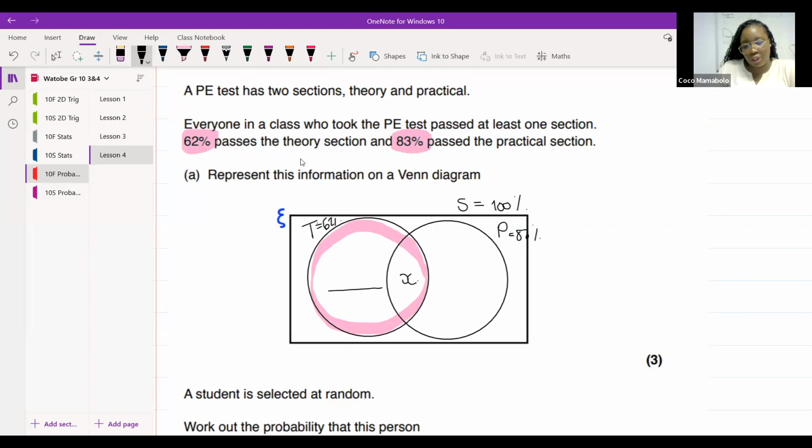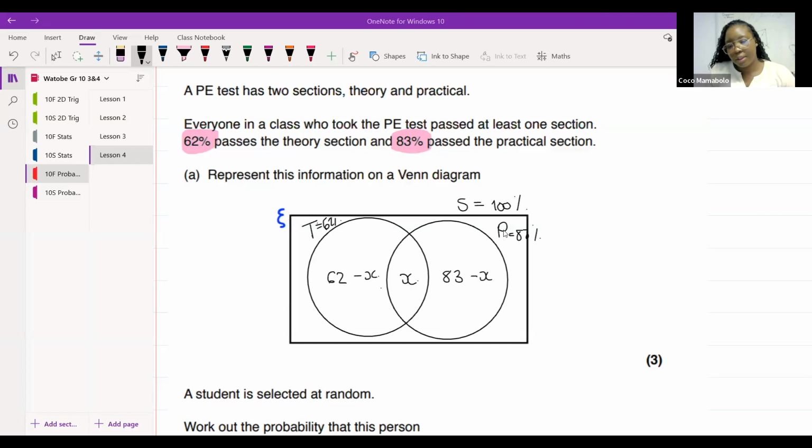That's going to be 62 minus X. Beautiful. And what about the 83%, the practical part? That's going to be 83 minus X. Beautiful. And we know that all together it needs to equal how much? 100%. Correct. So I want you to give me a formula that's going to make all of this equal to 100%. How are we going to write that sum?